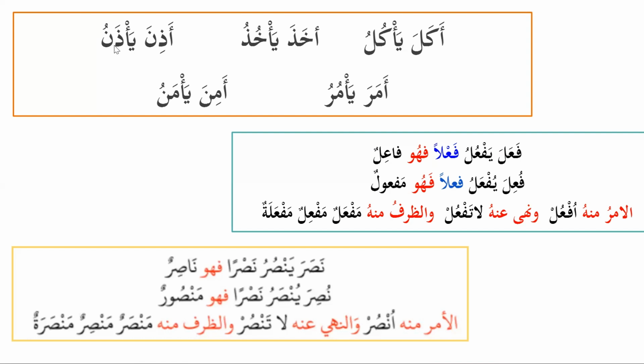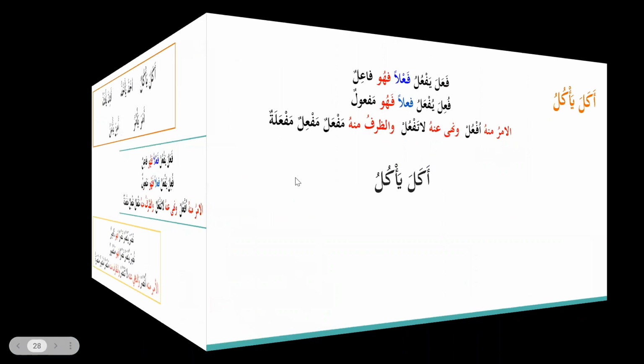Which family is this? Ain kalma has kasra in the past tense and fatha in the present tense. Samia, yes. And amara ya'muru, again nasara, right? And then amina ya'manu, again Samia family. So let's go to the next slide and do that class practice, the exercise.